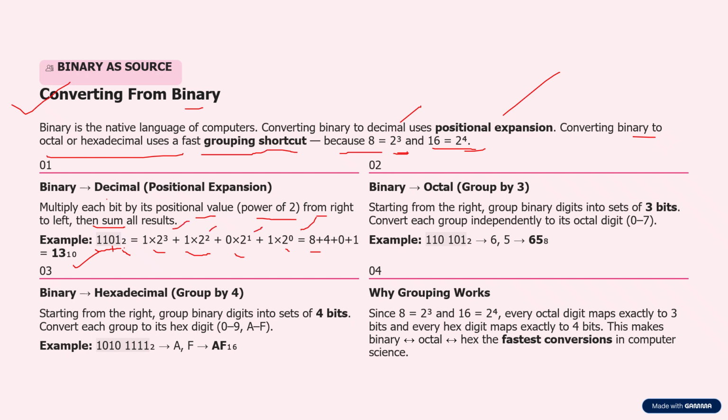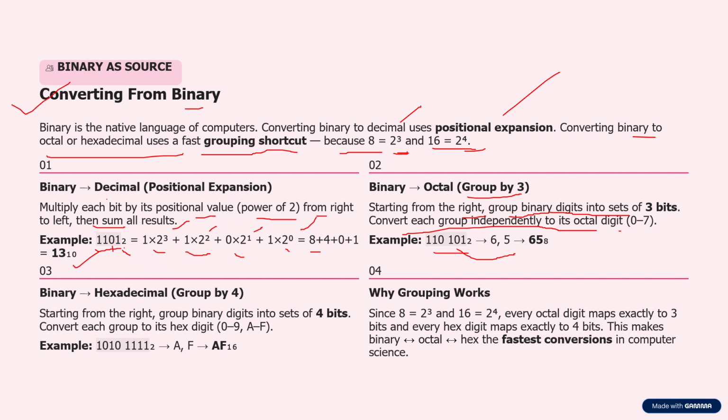Now convert a binary number to octal. We need to group by 3. Starting from the right, group binary digits into sets of 3 bits. Convert each group independently to its octal digit, 0 to 7. For example, the binary number is 110101 base 2.